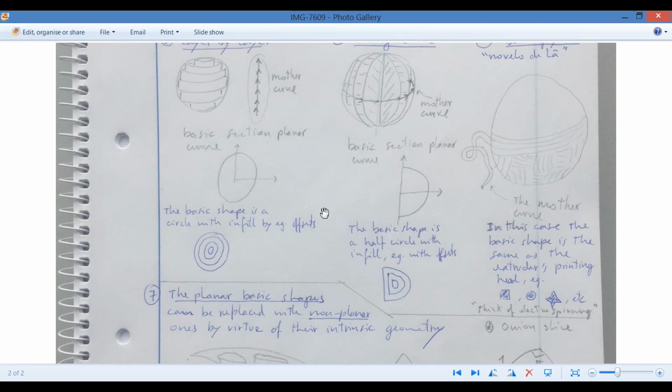And by the way, in the other two cases, we would have to have an infill for the region. So that's why offsets are involved. In this case, I added here, think of electrospinning, because it's somehow similar to the electrospinning process. It would create a ball of yarn.